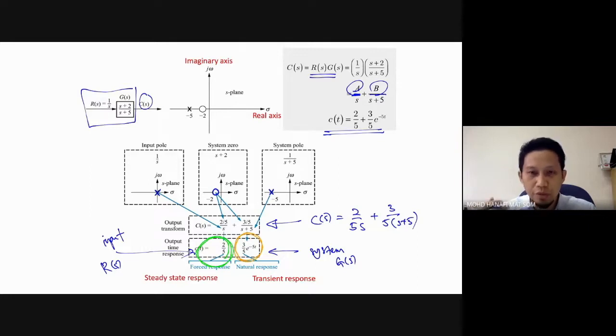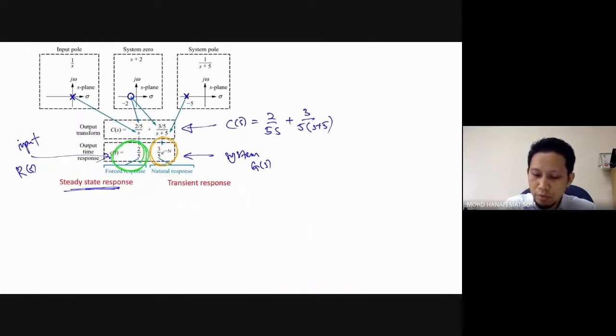There is no exponential in this expression. You can see here, this is a steady state response, meaning that when you plot it over t, you get a response something like this.